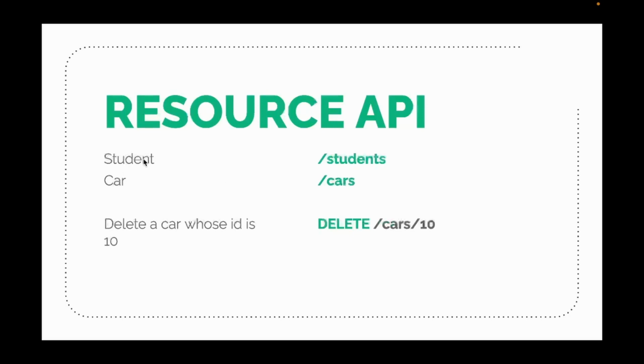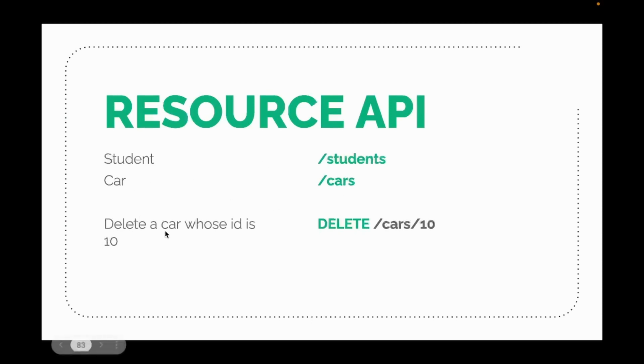So if we want to access student, this is a resource, so we will use /students. It should be plural because that's the protocol of REST API, which says that whenever you want to talk about a specific resource, use these plural names. So for car, we are using cars.